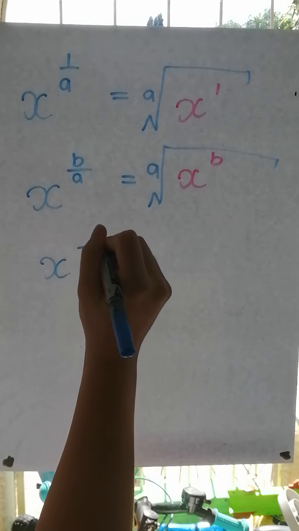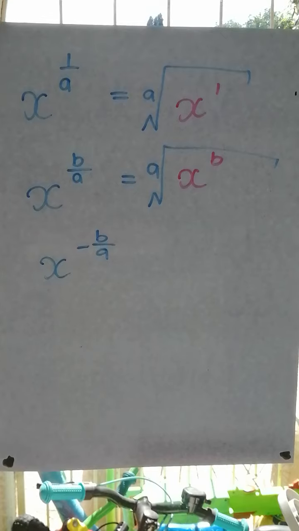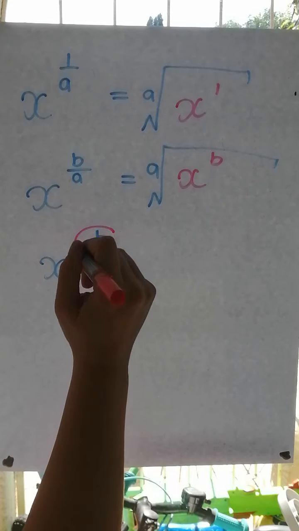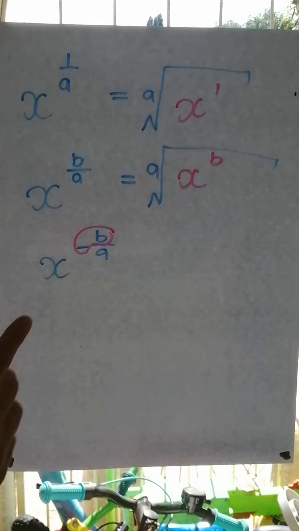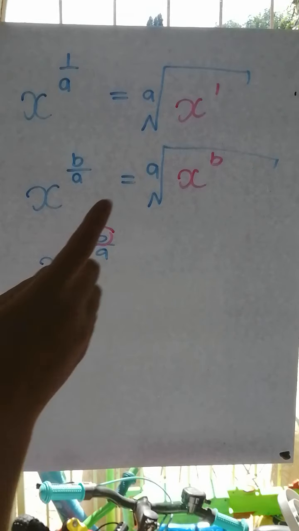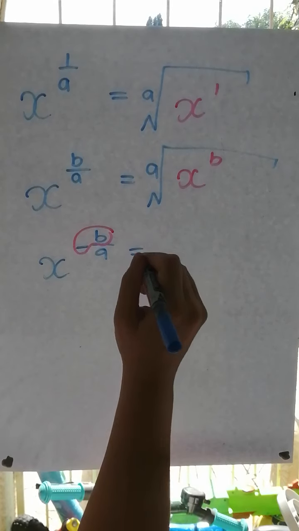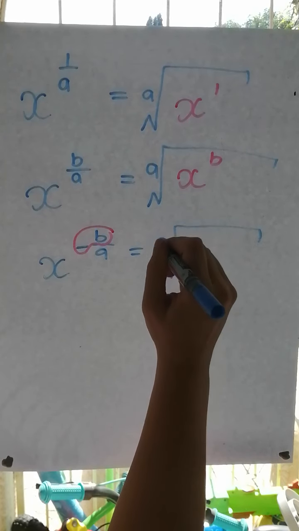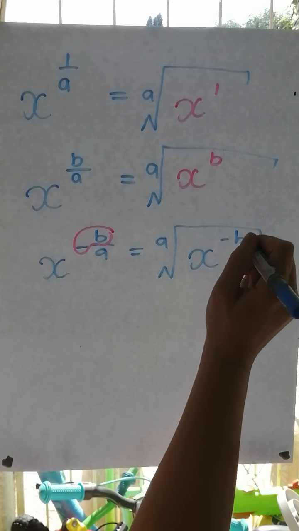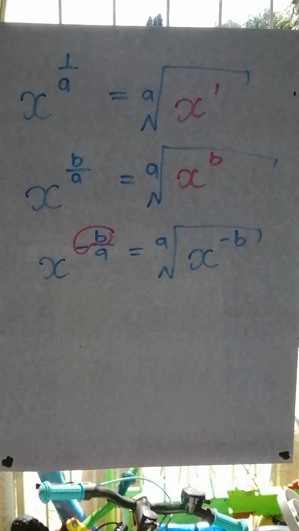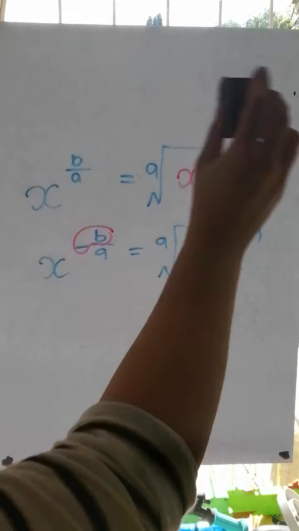And the last little rule you have to note: if I have a negative fraction, so x to the power of negative b over a, this negative belongs to the base, not to the root. So still the a-th root, but x to the power of negative b. Those are your little rules, but it really just draws on the idea of rooting a power.